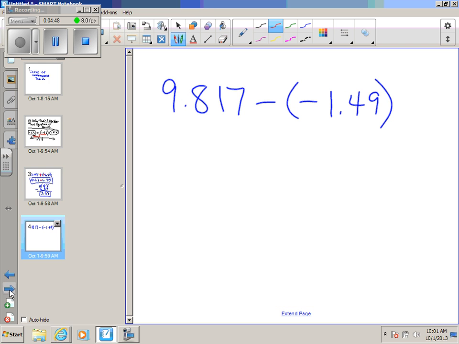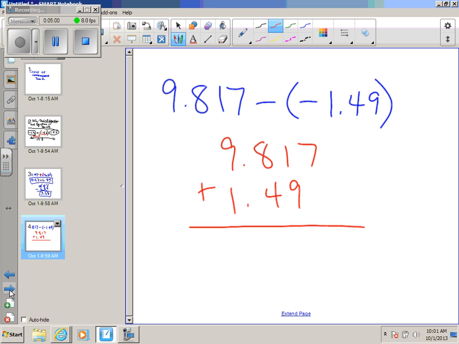So when I subtract a negative, it must really mean I'm doing what? Adding. Line them up. Do I need a 0 there? I'll just put one there if I want. 7, 10, 9 plus 4 is 13, and 11.